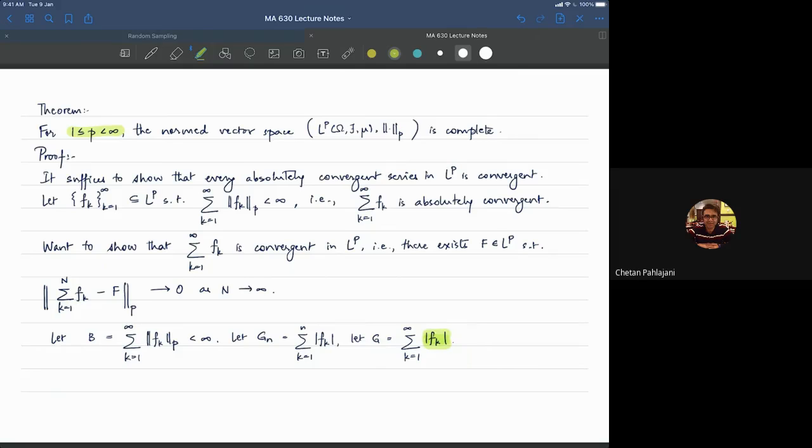This is a non-negative measurable function, and I'm adding up a countable number of non-negative measurable functions. So this is well defined and measurable. The worst case that can happen is that it is infinity, but there is no danger of running into infinity minus infinity.